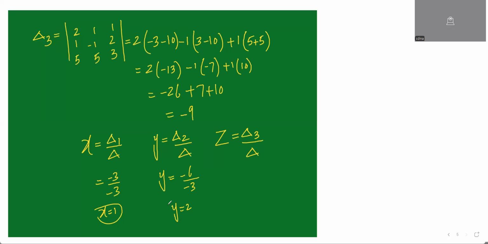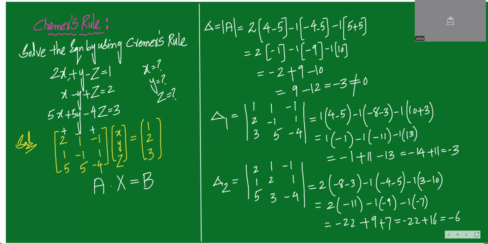Minus and minus cancel, 3 ones are 3, 3 twos are 6. And minus 9 by minus 3 means the value is 3. This is 1, 2, 3. We got the solution. If you want to verify, you can plug the values in and get the answer. This is Cramer's rule we have done.